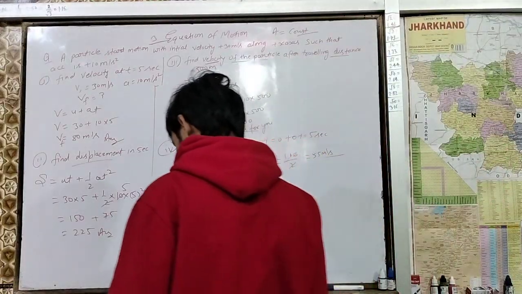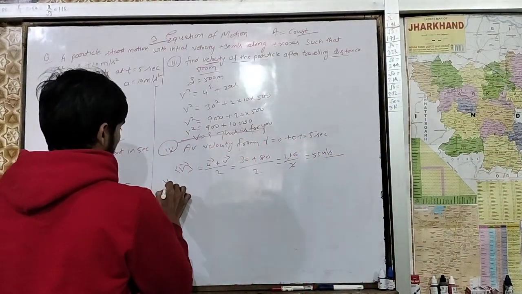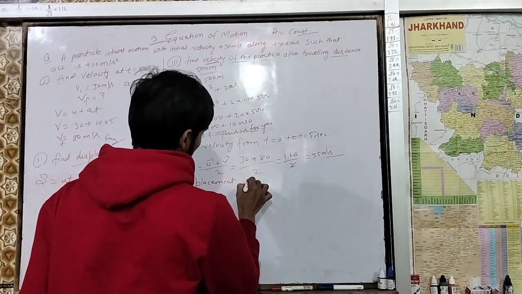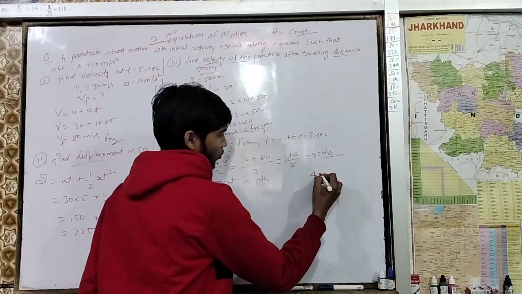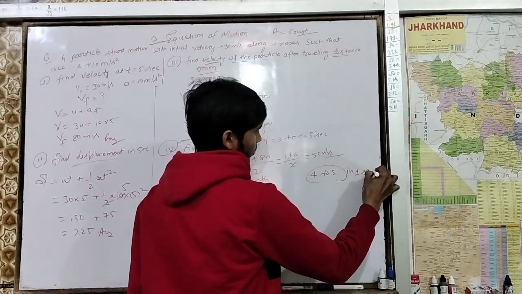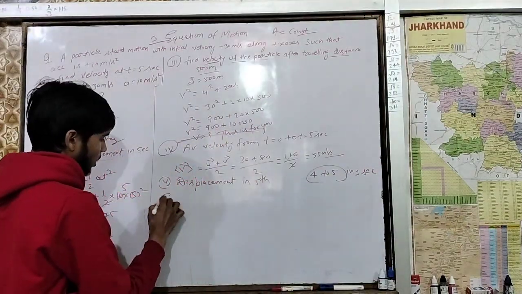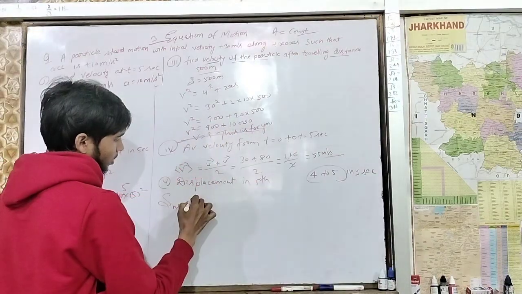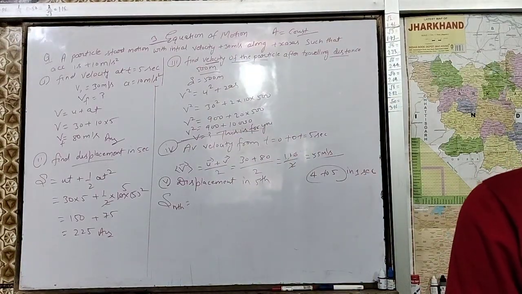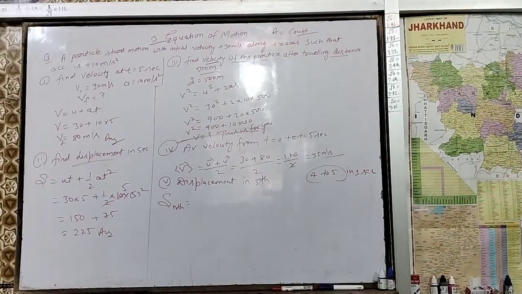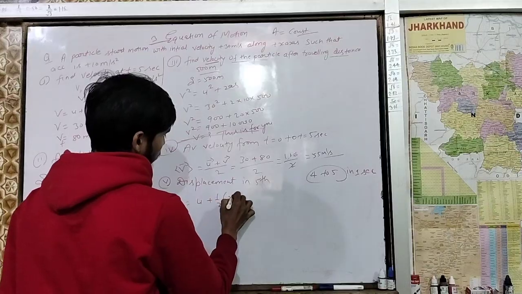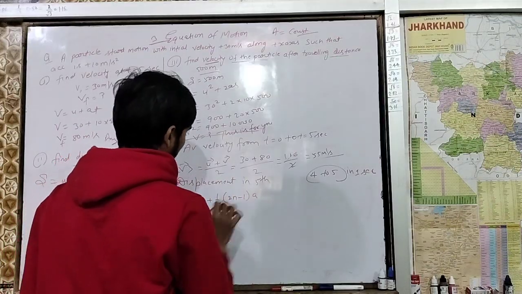Now next is the displacement in the fifth second, meaning from 4 to 5, in 1 second. What is the displacement? For this, as you know, we use the S-nth formula: u plus half into 2n minus 1 into a.